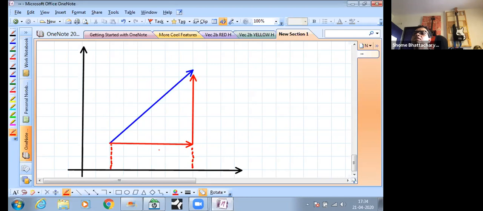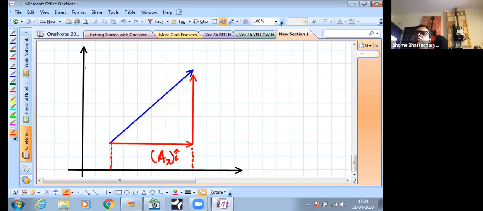So this vector is Ax I cap. Because remember, Ax is a magnitude and you multiplied it with a unit vector. So it's become a vector. No? So this Ax I cap on its own has become a vector of magnitude how much? Ax. But pointing in which direction? Along the positive x direction.